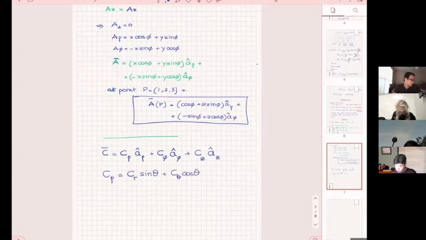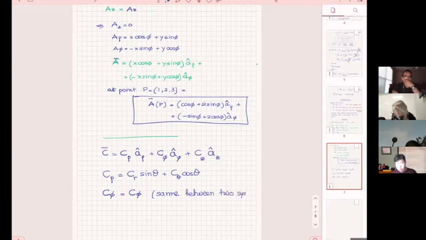C sub phi is going to remain the same as before. Is C sub phi the same between the two systems? And then you have C z.